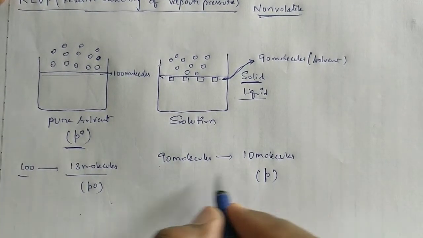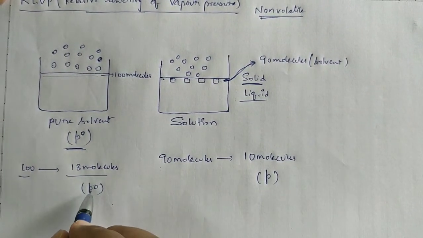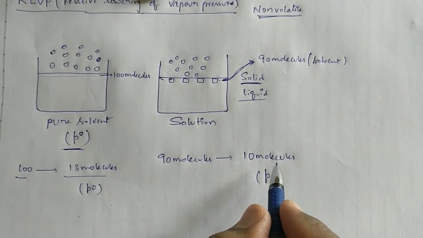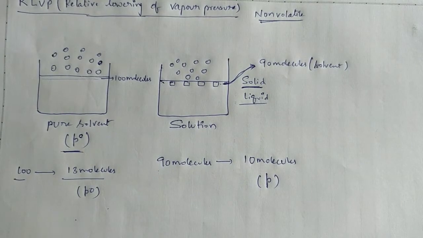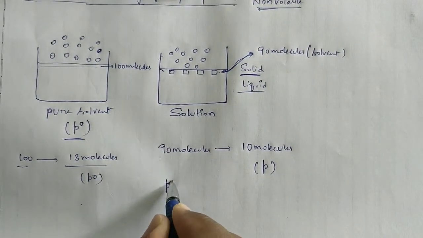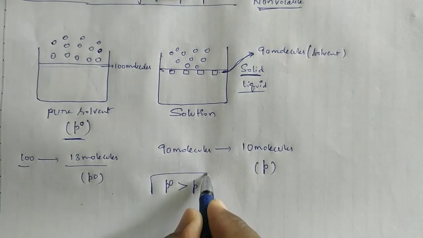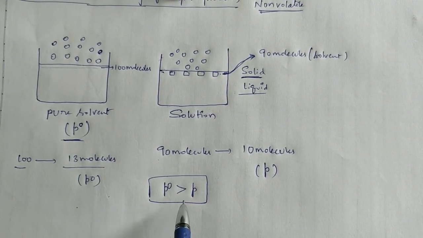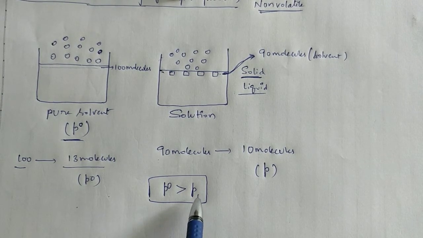Out of these two, which is the greater value? This P0 is because of 13 molecules, this P is because of 10 molecules. So when the number of molecules in a container increases, their vapor pressure also increases. So every time P0 is greater than P. The vapor pressure of the pure solvent is every time greater than the vapor pressure of the solution.